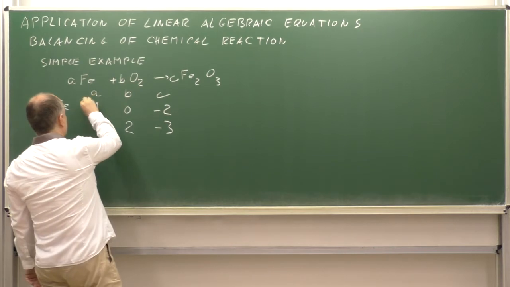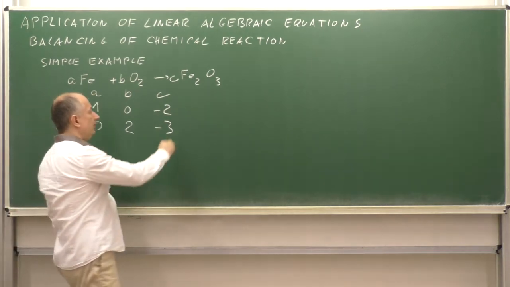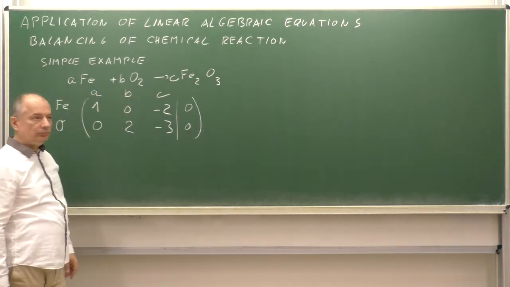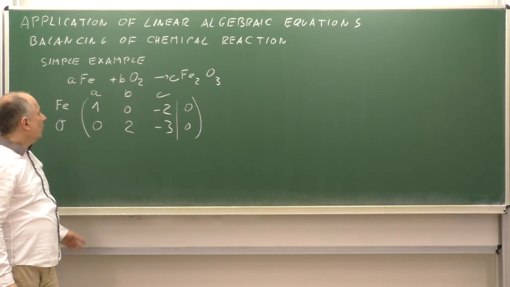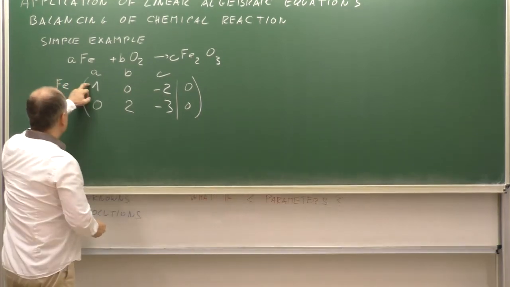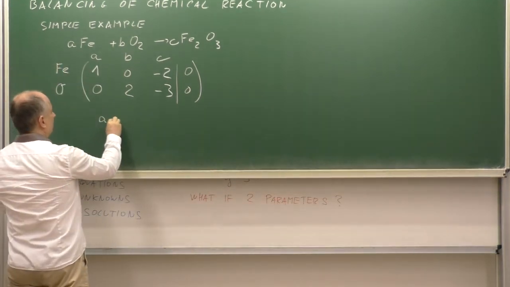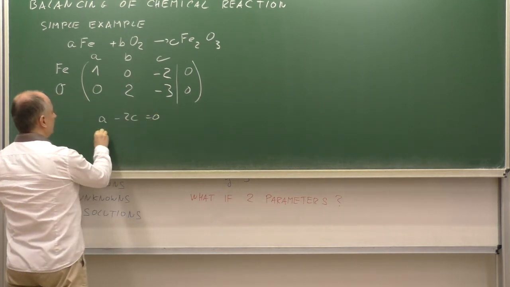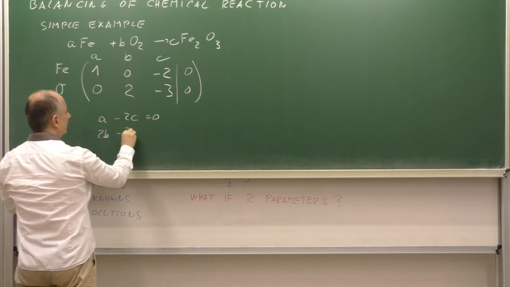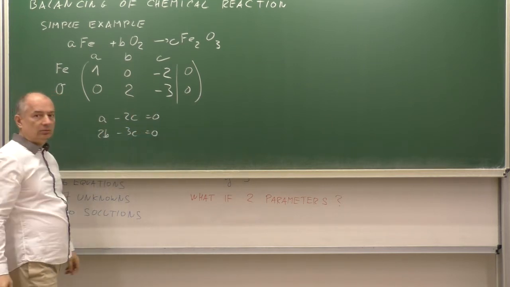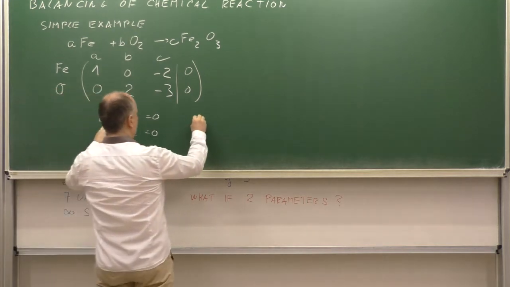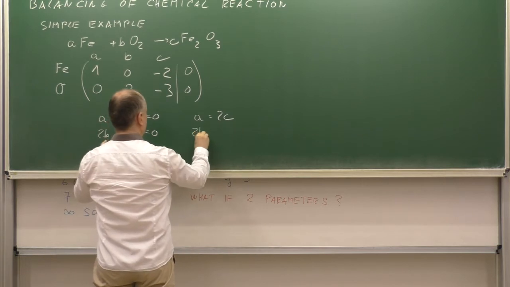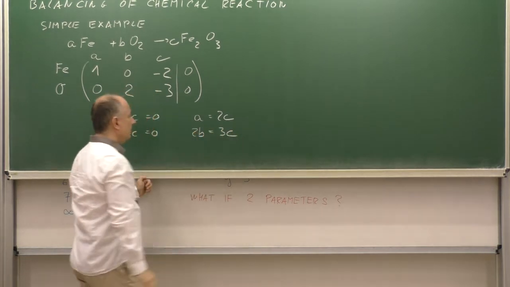Well, and this gives a system of equations that can be described by this augmented matrix. Well, if you want to see the equations, that means that A minus 2C is 0, and 2B minus 3C is 0. Or perhaps you can write A is equal to 2C, and 2B is equal to 3C.